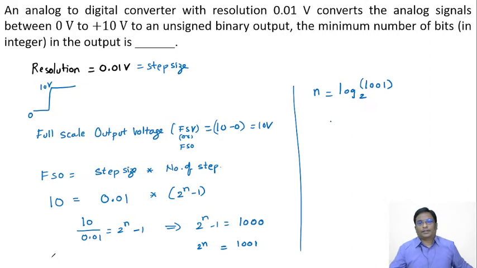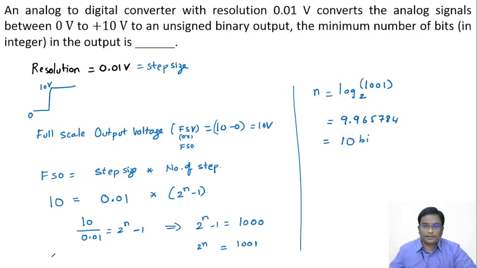What is this value? Using the calculator, it is 9.96578 something. Round off this value to the nearest integer. Therefore, the answer is 10 bits. 10 bits is the right answer.